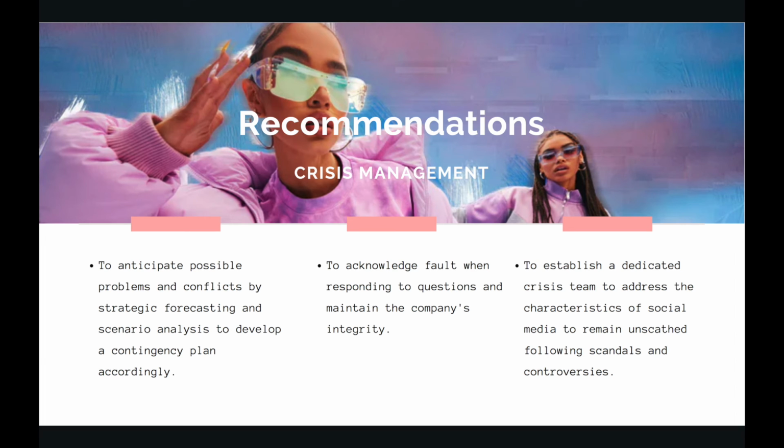The first recommendation is that Boohoo should anticipate possible problems and conflicts by strategic forecasting and scenario analysis to develop a contingency plan accordingly. In the event of a crisis, the brand should follow the framework of this plan for external communication. Coupled with this framework, the brand should avoid lying or refusing to acknowledge fault when responding to questions and maintain the integrity of the brand.